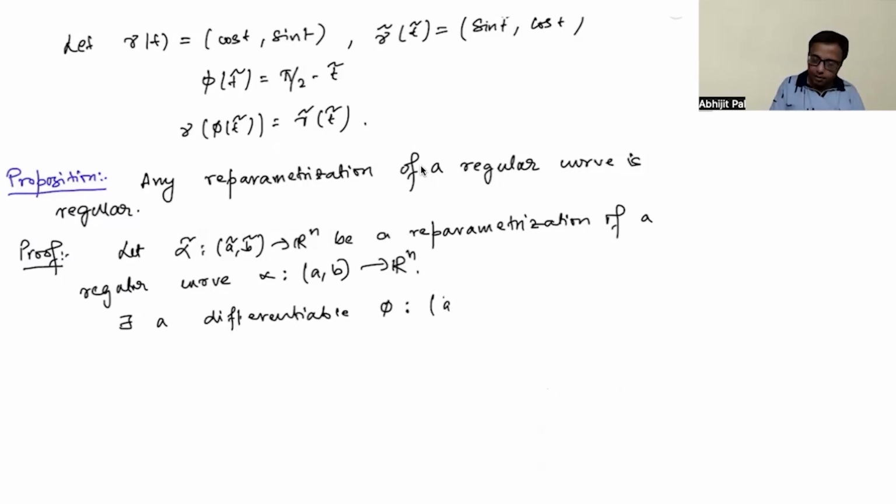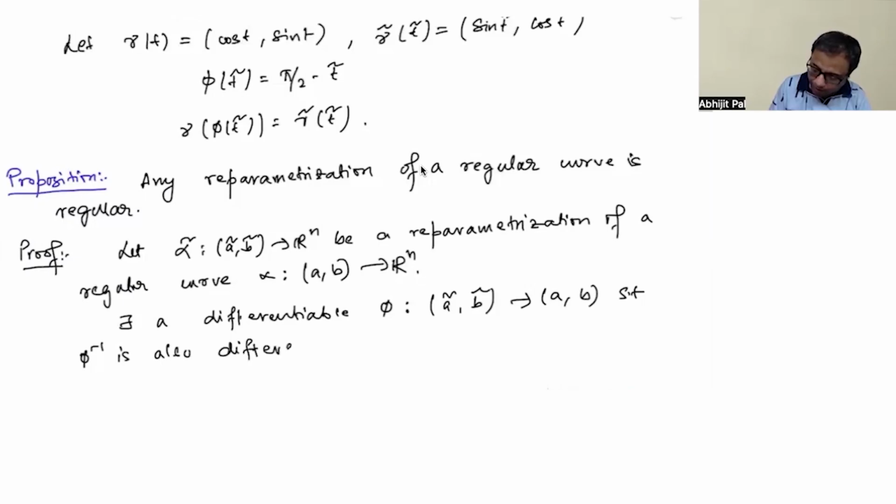And so what you have is alpha of phi of t tilde is equal to alpha tilde of t tilde.